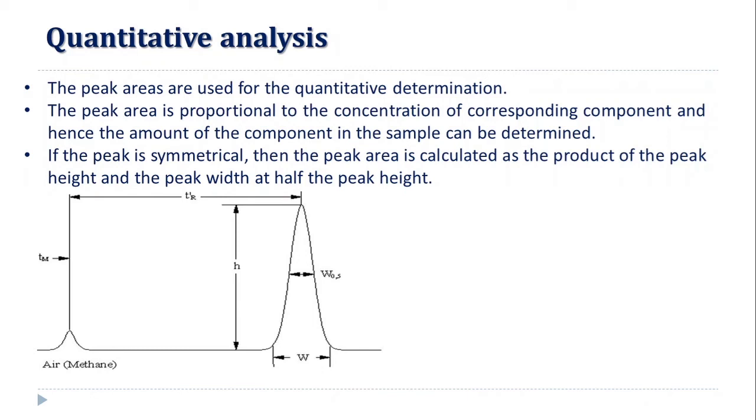If the peak is symmetrical, then the formula uses the peak height, whatever the height of that peak from the baseline, called h, and at half height you measure its width, that is the distance. That width is measured in centimeters. So this ratio of height and peak width at half height is called the peak area.